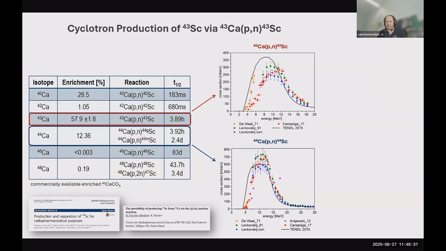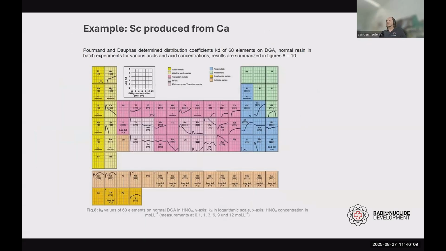The target material, for instance, with scandium 43, if you have 58% enrichment, that means you're going to make scandium 44 anyway. So you need to have a high enrichment. And as soon as you have a high enrichment, then you start looking at about 150,000 euro per gram of target material. And we can't afford that. So it becomes really very difficult to say this is a good reason for us to do it.